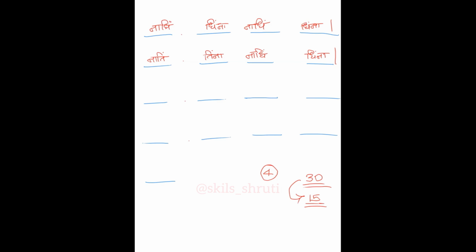And if somebody is driving you to school at a speed which is exactly double to your cycling speed, you are going to reach your school in 7.5. So as your speed is going to increase, the time required to reach your destination is going to decrease. Same concept is going to apply to our Barabar, Dugun and Chaugun.